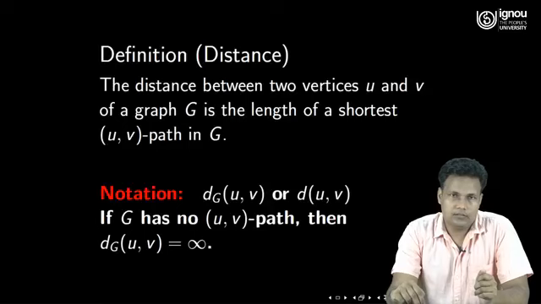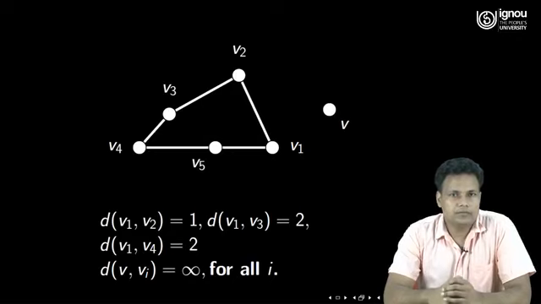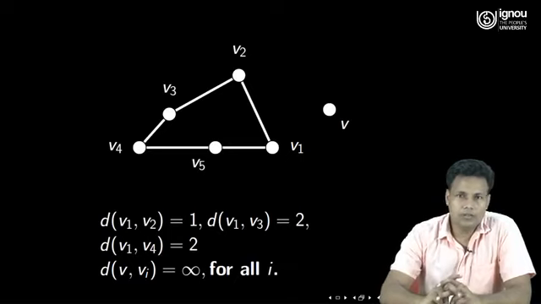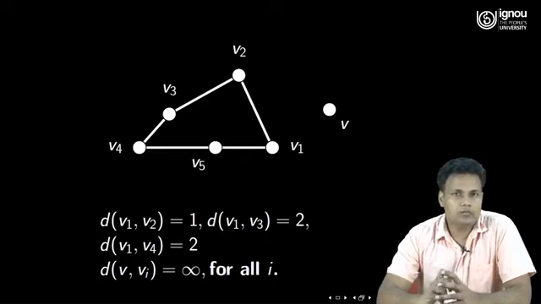Let's look at some examples. Look at this graph. It has 6 vertices. There are 2 components in this graph, as you can see. The one component has vertices v1, v2, v3, v4 and v5.